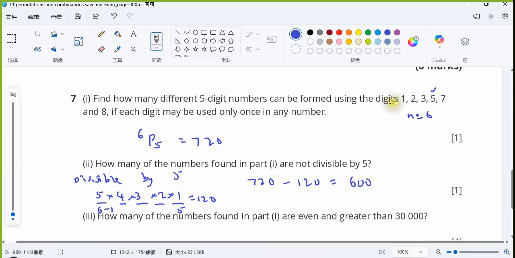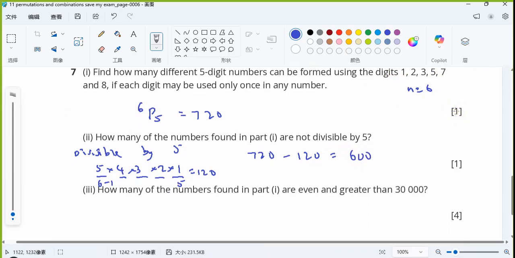Okay, how many of the numbers are even and greater than 30,000? So even, then 1, 2, 3, 4, 5. Even means it ends with 2 and 8, 2 and 8 here. And then greater than 30,000, 2 and 8.